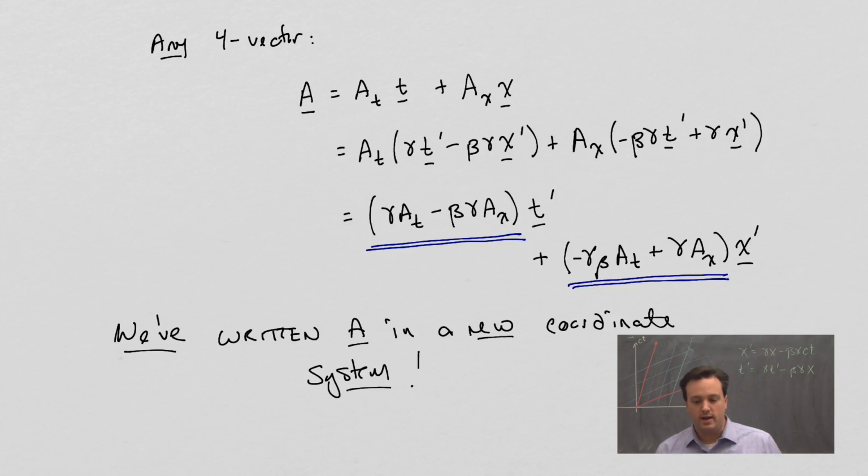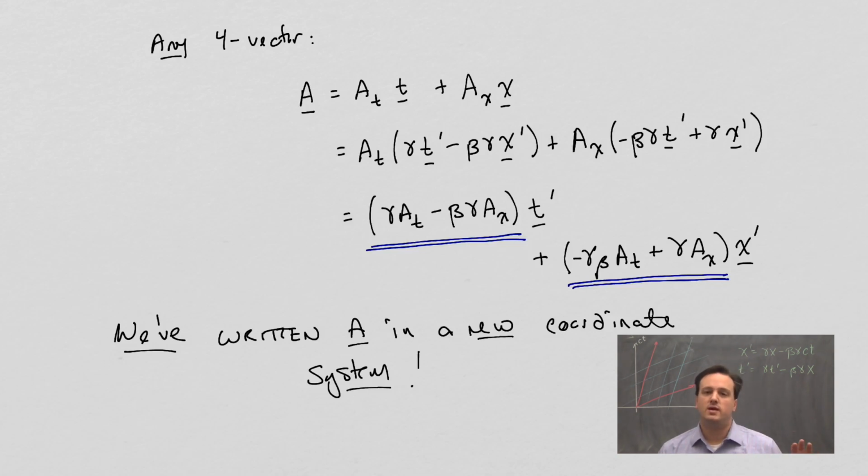So as it's written now, going from some frame to a frame that's moving in the positive direction with respect to that frame, I've been able to rewrite the vector A in terms of the unit vectors of the new frame, and therefore I have transformed A from the unprimed coordinates to the primed coordinates.